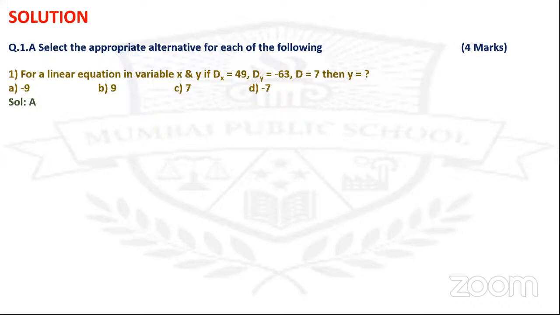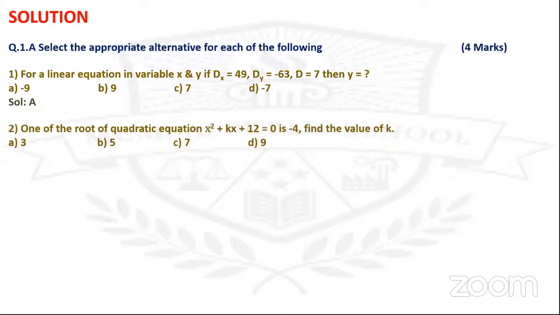We'll move ahead. One of the roots of the quadratic equation x squared plus kx plus 12 equals 0 is minus 4. Find the value of k. Now here also check what happens. Check this part, it's not typed in the question paper.